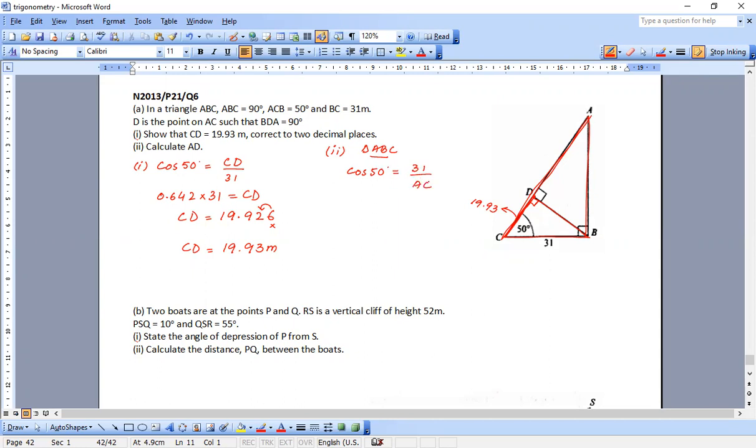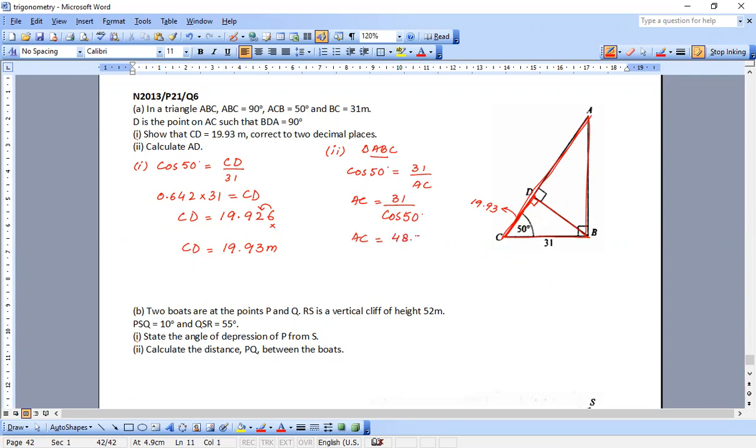So AC is equal to 31 upon cos 50. Let's divide 31 by cos 50. The value is going to be 48.22.